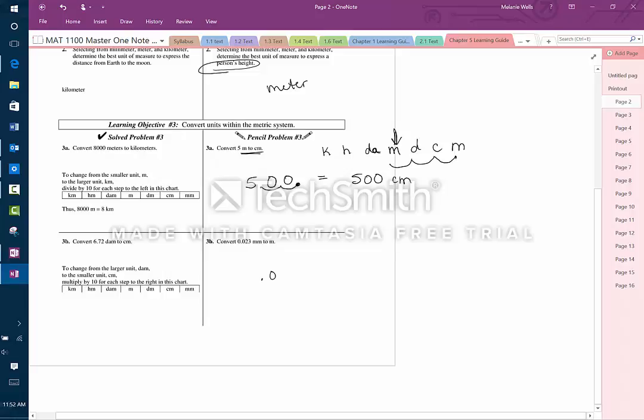So if I'm beginning with 0.023 millimeters, I'm going to go 3 places to the left. 1, 2, 3. We'll have our placeholder zeros there, which ends up giving me 0.00023 meters. We went from millimeters to meters.